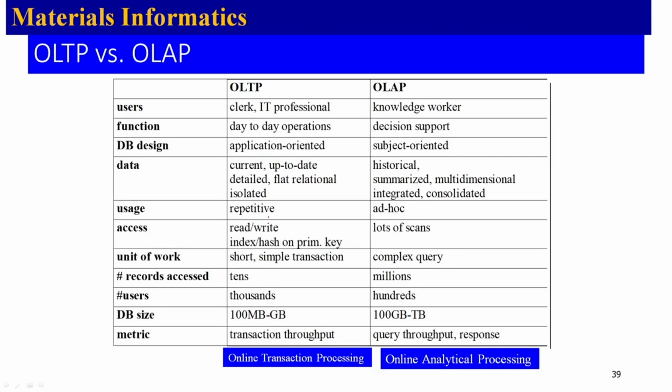But in the case of OLAP, it is basically a knowledge worker, not a clerk or IT professional, a knowledge worker like you and me, and this must do decision support, and must also be subject oriented. That is why you need a huge amount of data, sometimes 100 GB to terabytes, and it will be more widely used by experienced users. Okay. So, that is what is important for databases.